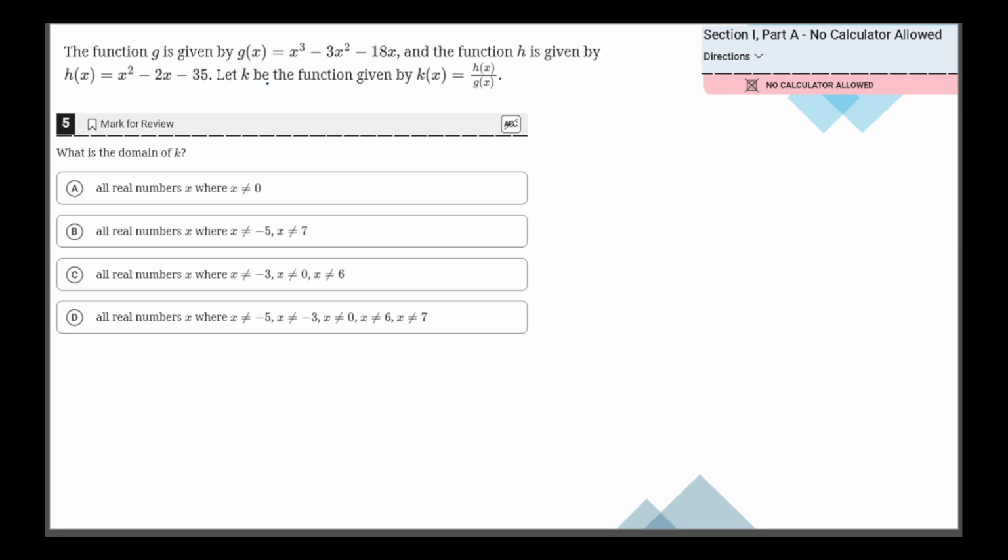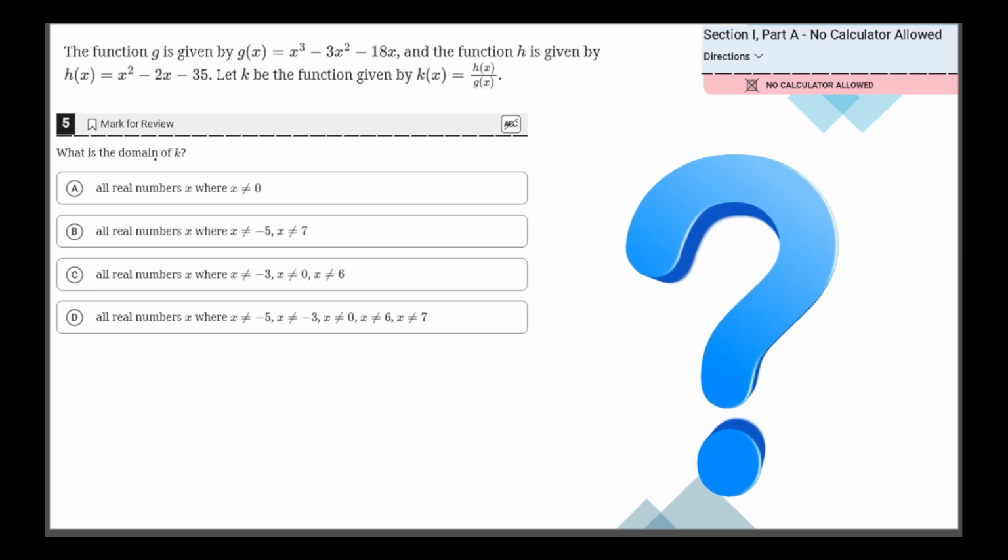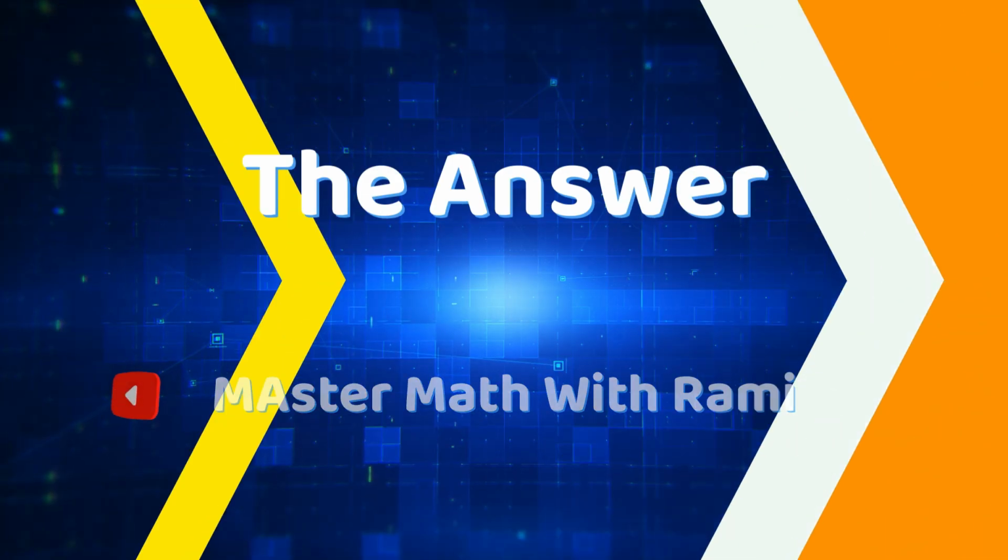Let k be the function given by k of x equals h of x divided by g of x. This is a rational function. So k of x is a rational function. It has a numerator and denominator. Then what is the domain of k?